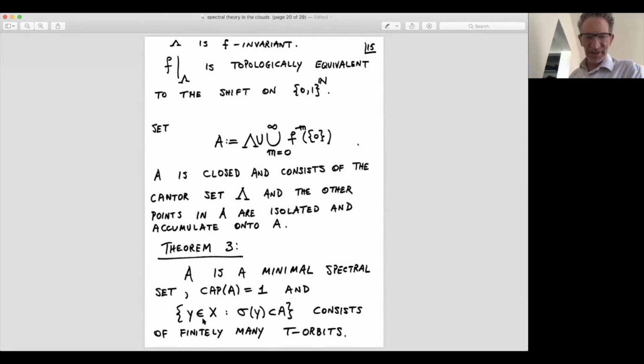There are only finitely many such orbits. We don't know all the orbits, we know at least 2 orbits. But in any event, A is this remarkable set showing that it's kind of the most Swiss cheese kind of set, which has as small a capacity as any spectral set can have.